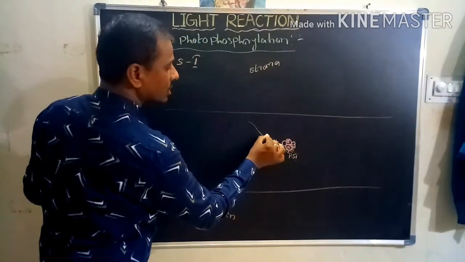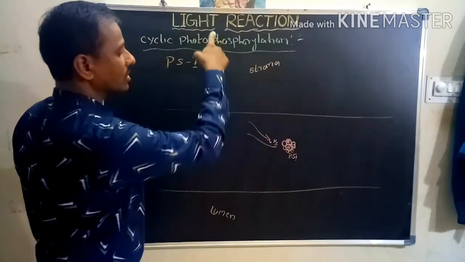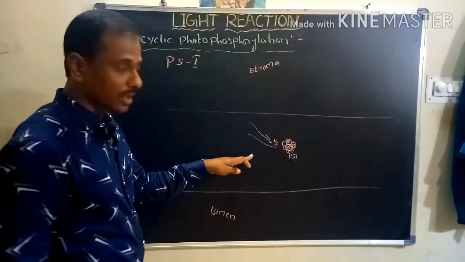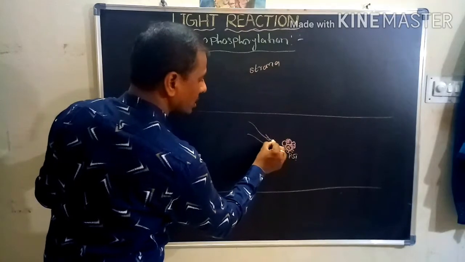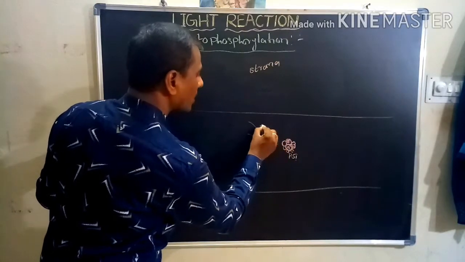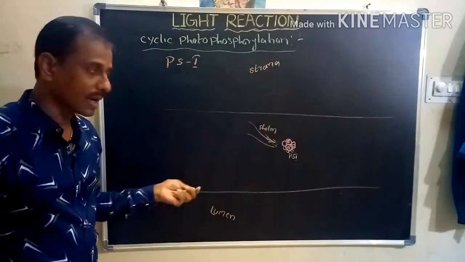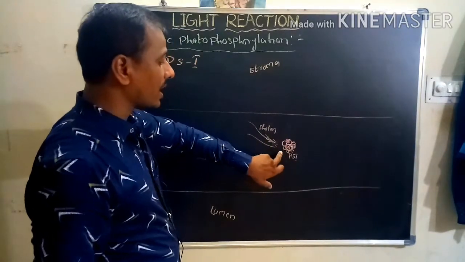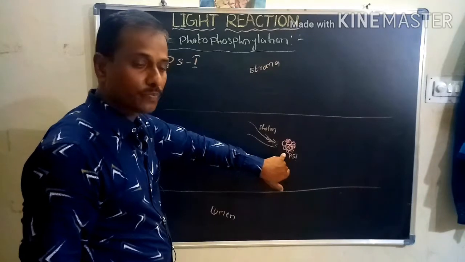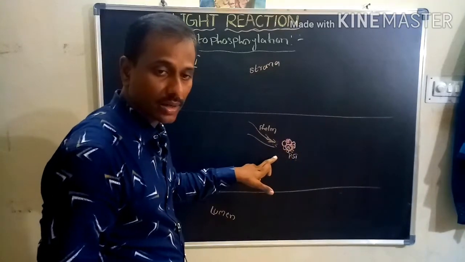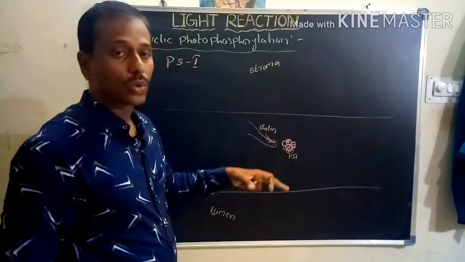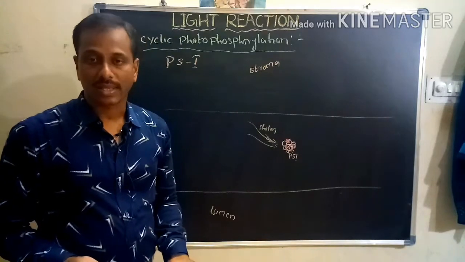The reaction center of PS1 receives the light energy, because light reaction takes place in the presence of light. Those light particles are called photons. The photons are received by the pigments, which supply them to the reaction center, and it goes to the excited state.